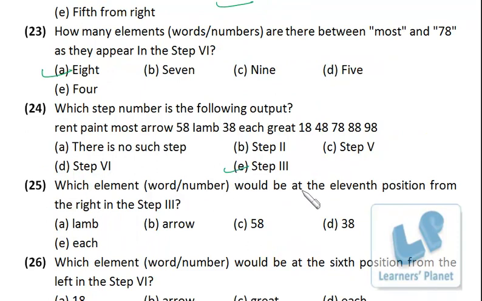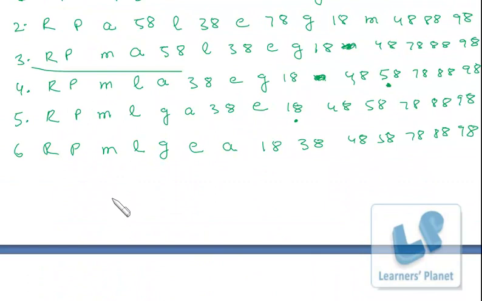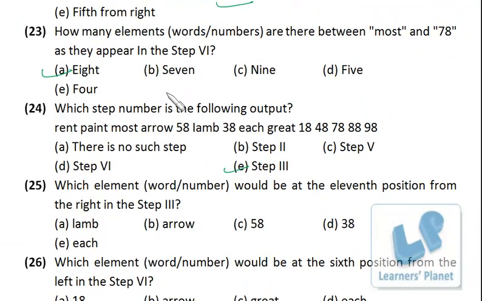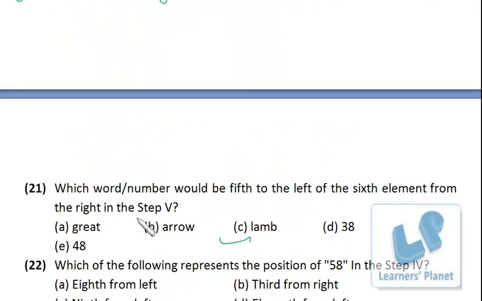Which element, word or number, would be at the 11th position from the right in step 3? 11th from right in step 3. Okay, so it's 1, 2, 3, 4, 5, 6, 7, 8, 9, 10, 11. That is A arrow. Which element would be 6th position from the left in step 6? 6th from left.